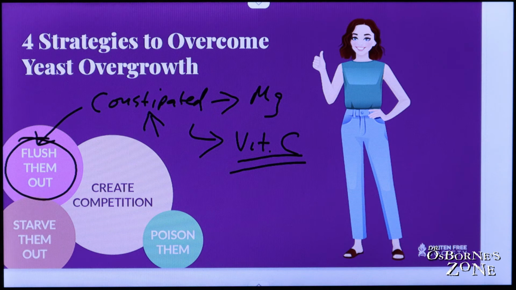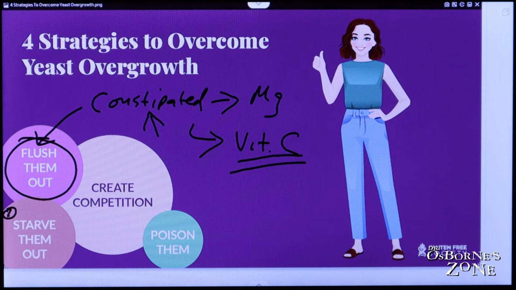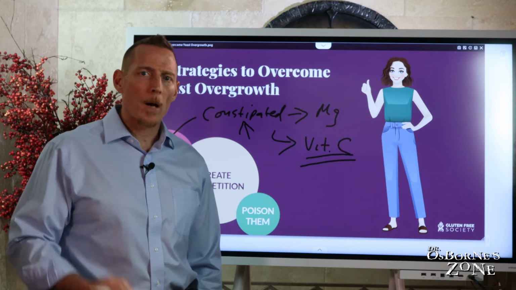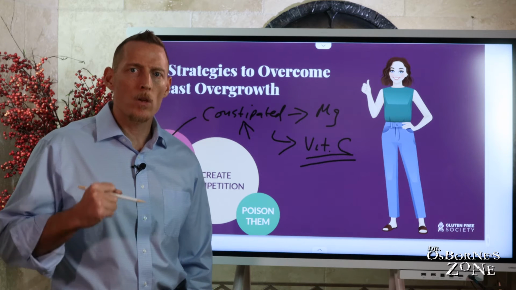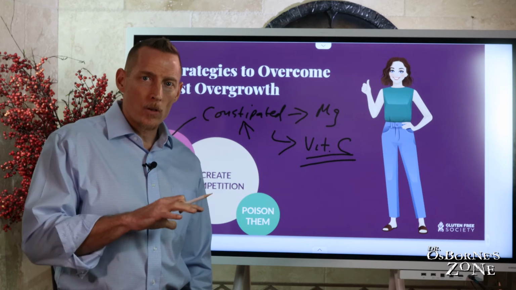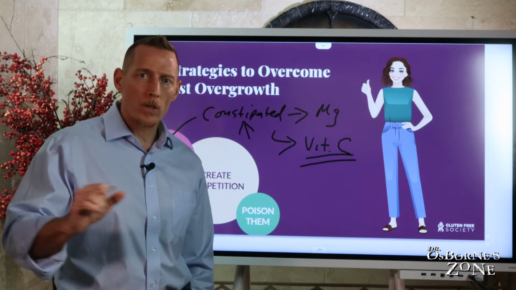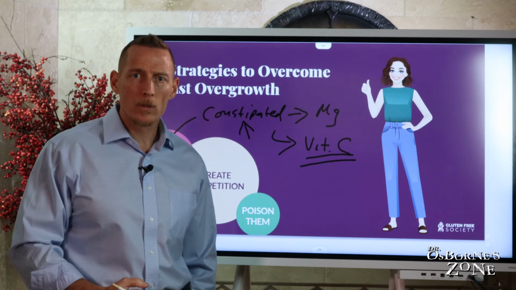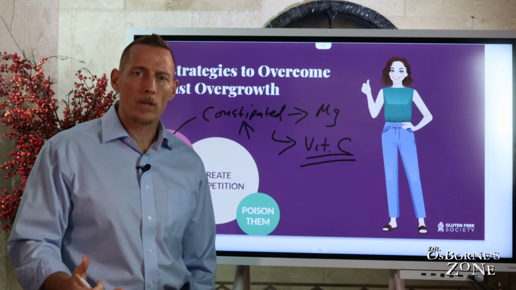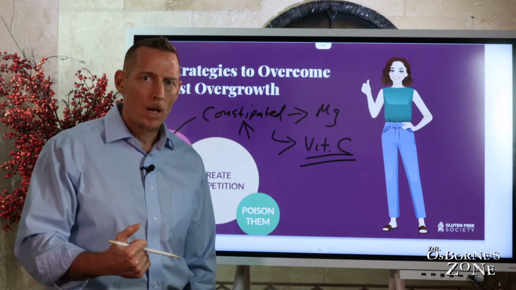Number two, as far as a strategy, is starving them out. And I spoke about this earlier. You starve them out by not feeding them. Yeast want carbohydrate, they want sugar. So cut those things out of your diet, again, if you're working with a doctor and you're on fluconazole, Diflucan, or one of the other antifungals.